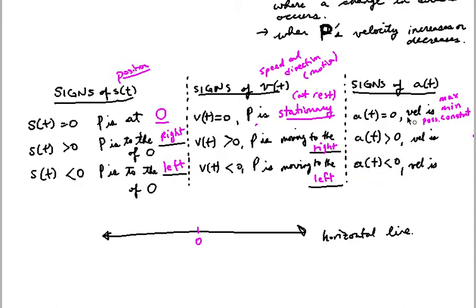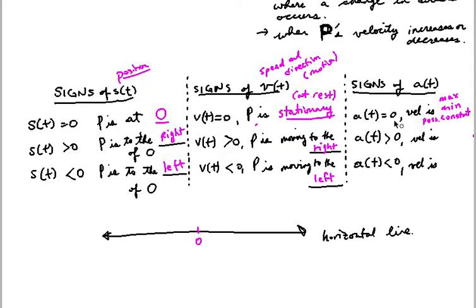Well, let's think about this in terms of p. What's happening to p if the acceleration is 0? If I'm in a car and I'm not pressing the gas pedal, that means my velocity is constant, so my speed is not changing, but does that mean my position is not changing? Let's think about that.